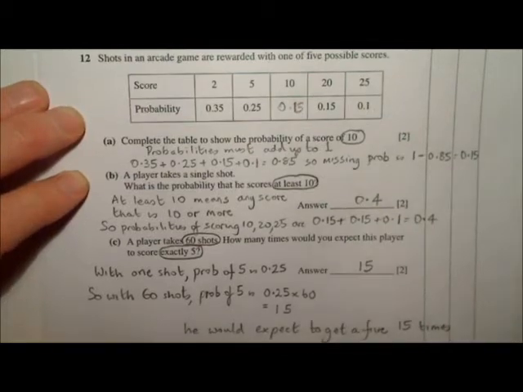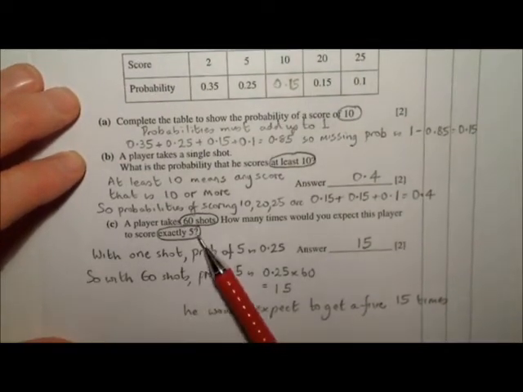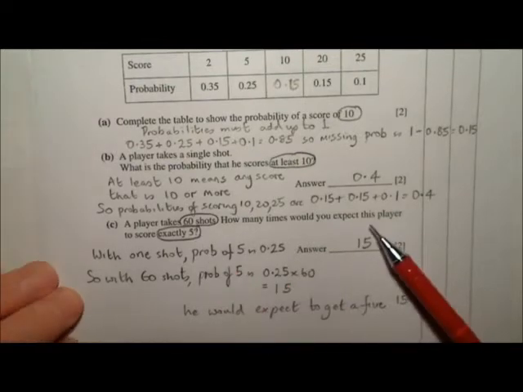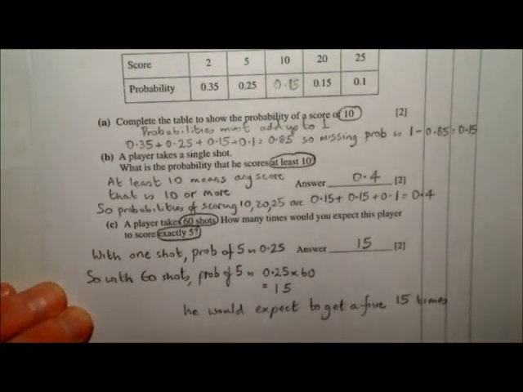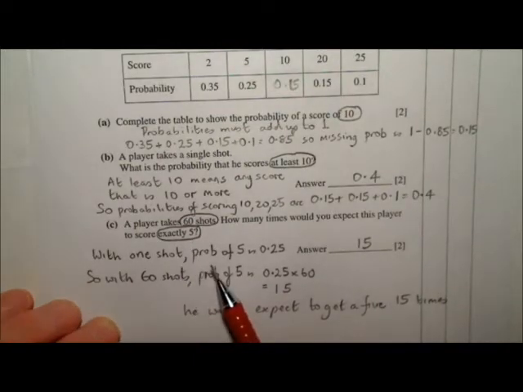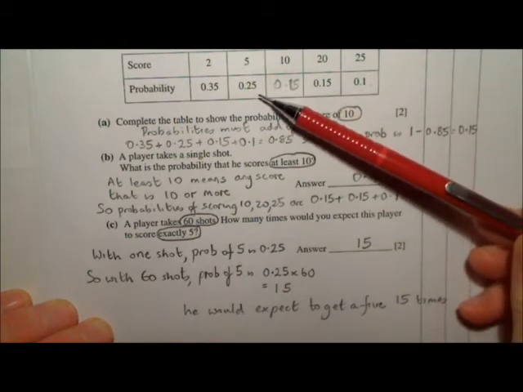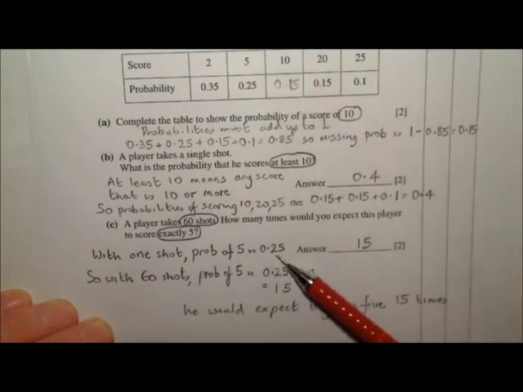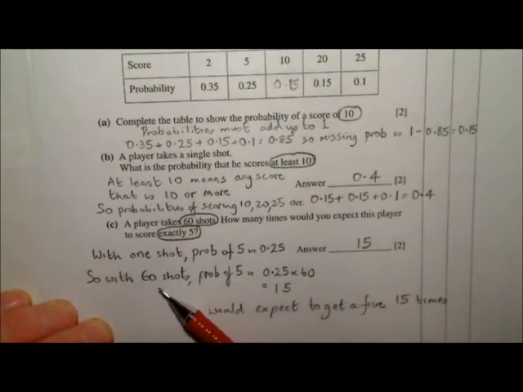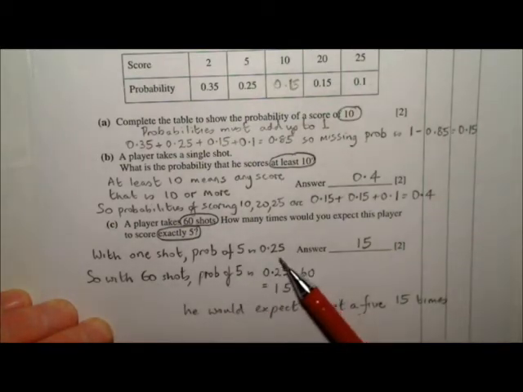Okay, the last part of the question then is a player takes 60 shots. How many times would you expect this player to score exactly 5? So the way to think about this is if a player takes 1 shot, the probability here in the table is telling us that the probability of getting a 5 is 0.25. So if he's going to take 60 shots, which is what we're told here, then the expected number is 0.25 multiplied by 60.